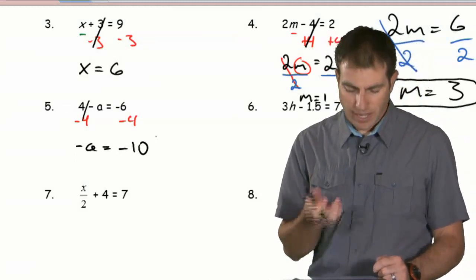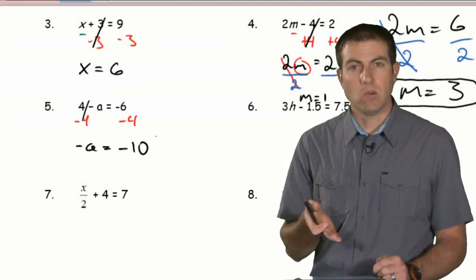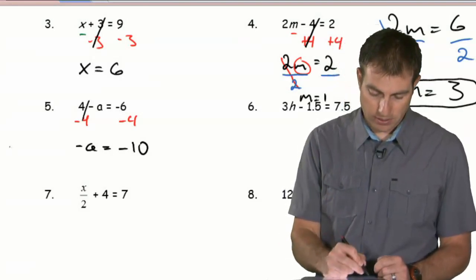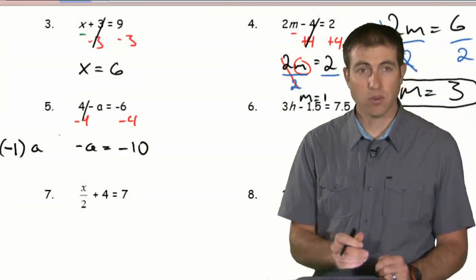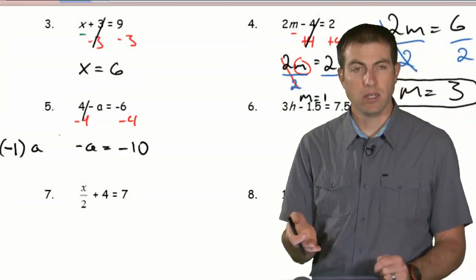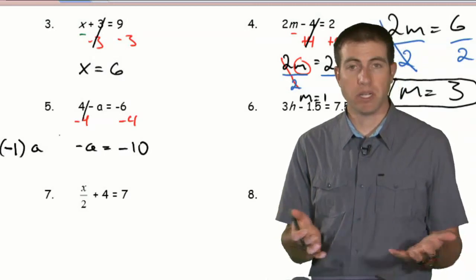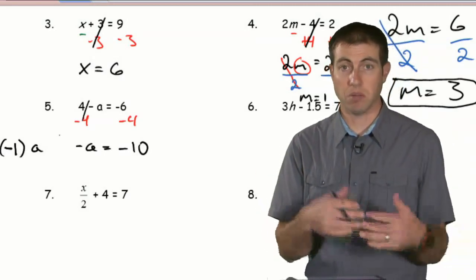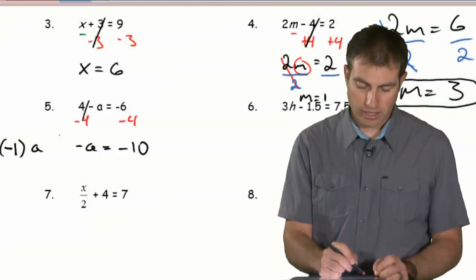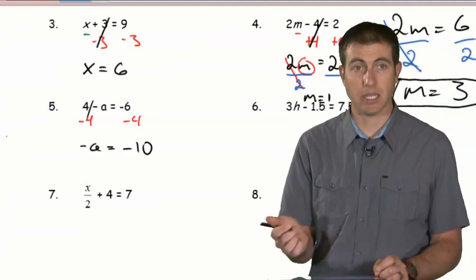At this point, I have this negative a, which is really the same thing as, I'll just write it over to the side here, -1 times a. So if I'm multiplying by -1, the opposite of multiplying by -1 is dividing by -1. So I can either divide both sides by -1 or I can multiply both sides by -1. It's really going to take me to the same place.